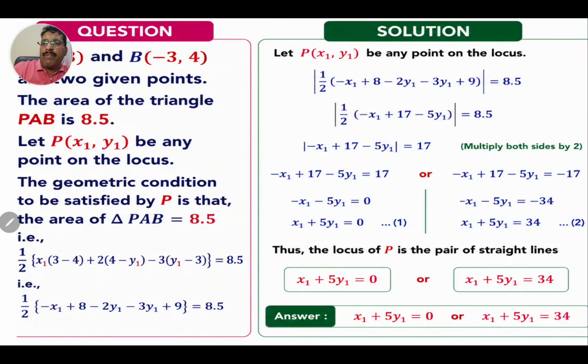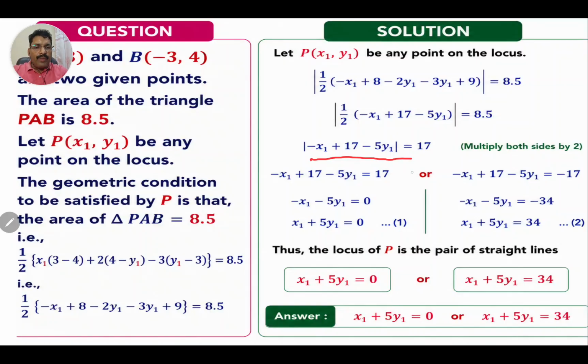Given 2 points, you take one point as (x1, y1), second point as (x2, y2), and the other as (x3, y3), and substitute in the area of the triangle formula, and simplify as we did in the previous problem. So here also, while removing modulus, we got minus x1 plus 17 minus 5y1 is equal to 17.